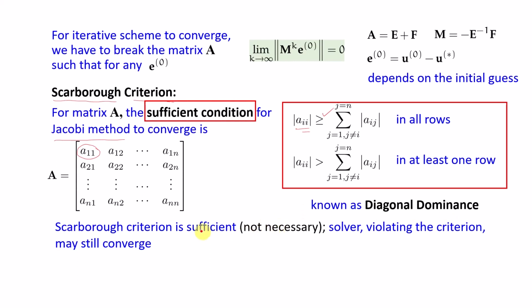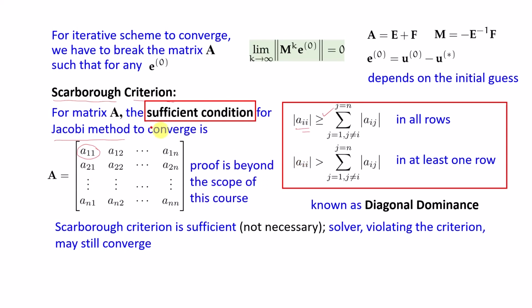Now you see that this is the condition that is called sufficient condition. Sufficient condition means that if this condition is satisfied, we are sure that Jacobi method will converge. However, solvers which are not obeying this condition may still converge. We don't know that. This is only sufficient but not a necessary condition, but it gives us certain guideline.